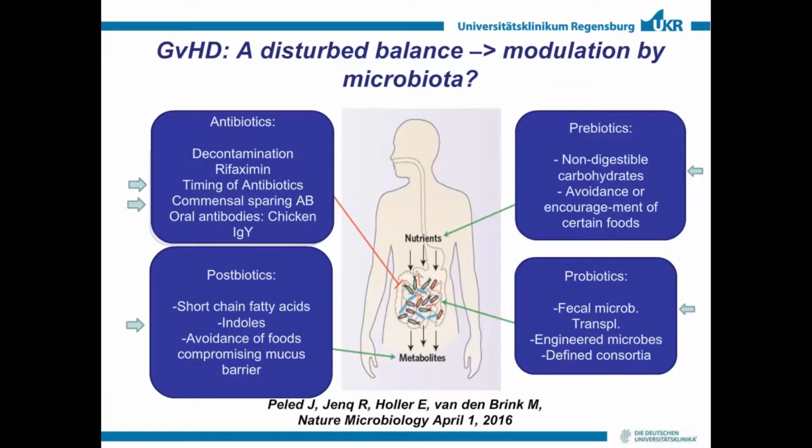So, taking all this together, we can think of GVHD as a disturbed balance of microbiota, but also disturbed balance of cells regulated by microbiota, like innate lymphoid cells, like regulatory T cells. And of course, the question is, can we modulate this?